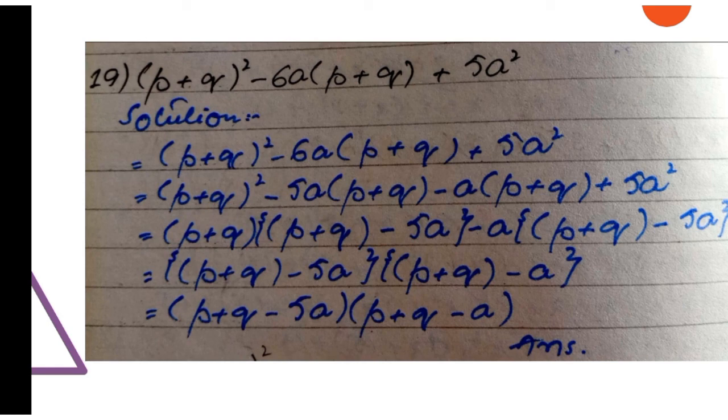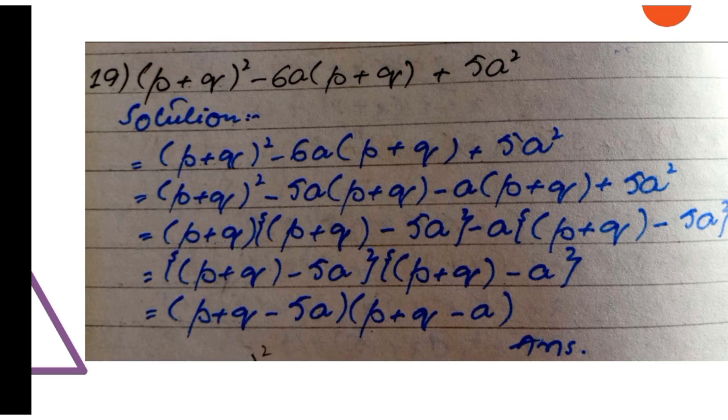Now take p plus q as common from the first two terms, and the remaining terms are p plus q minus 5a. And from the last two terms we have taken minus a as common, and the remaining terms are p plus q minus 5a. We have already taken 1a as common, so of course the remaining a is 1a now.